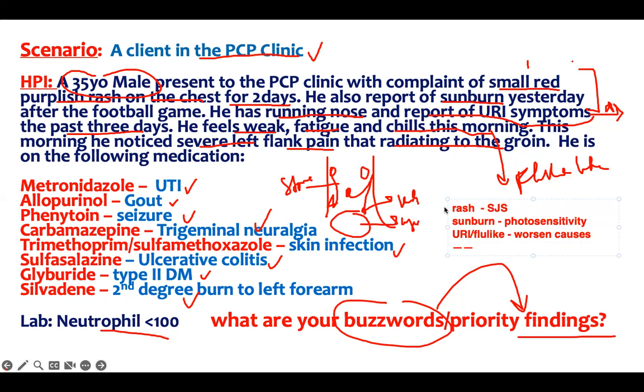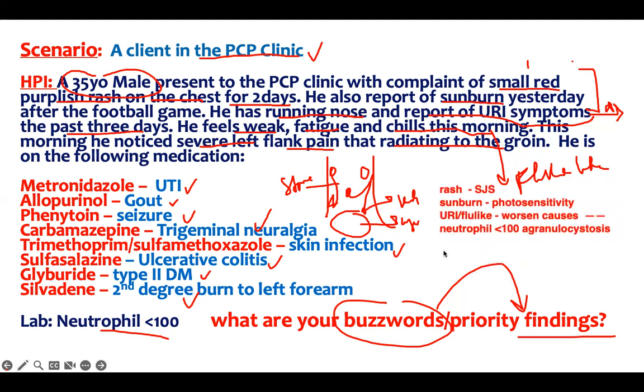But this is worrisome because his neutrophil count is less than 100. This is agranulocytosis. If your neutrophil count is less than 1,000, this is what we call neutropenia. If you go below 100, it's agranulocytosis. And then he has severe flank pain that radiates to the groin.